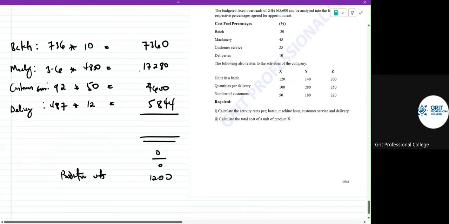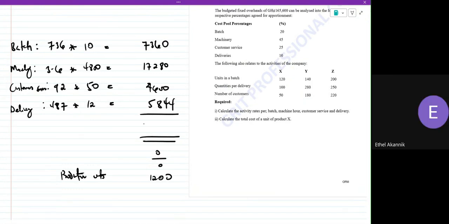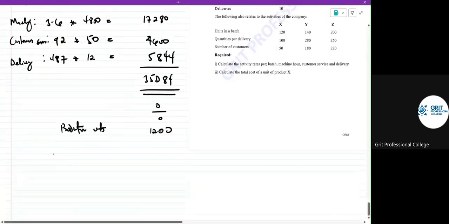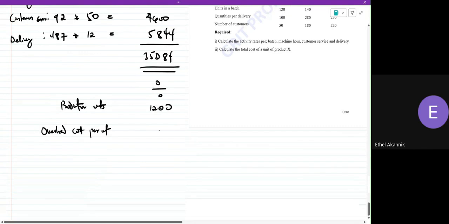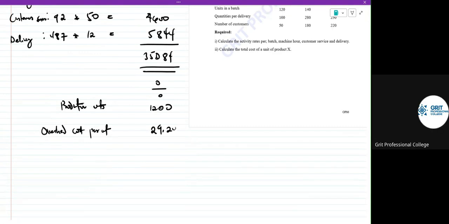Quickly, and let's bounce out of here. 35,084. So when you divide it by this, what is the overhead cost per unit which we are going to absorb? 29.24 cedis.